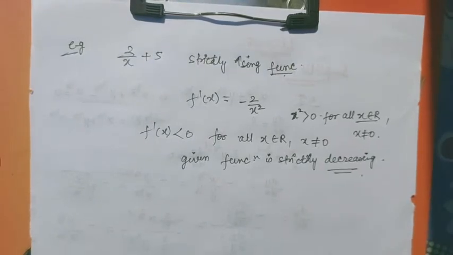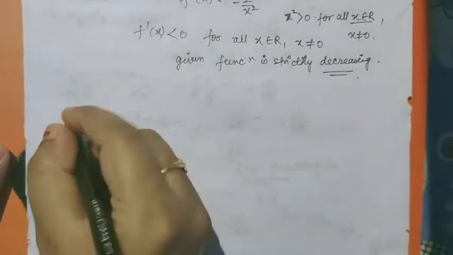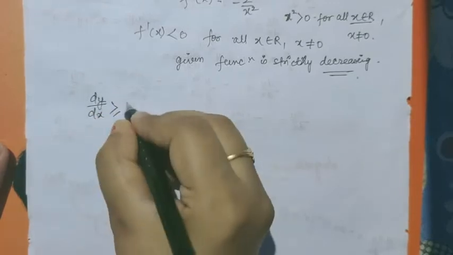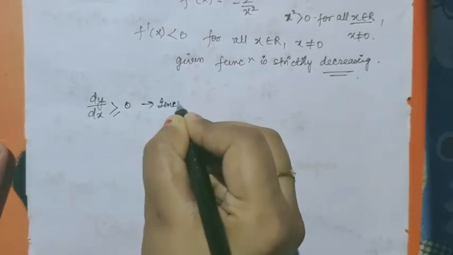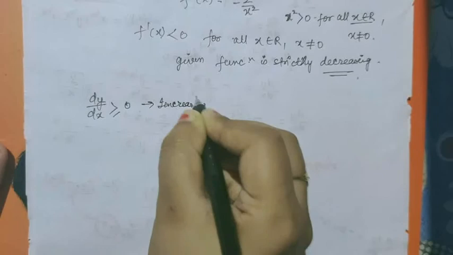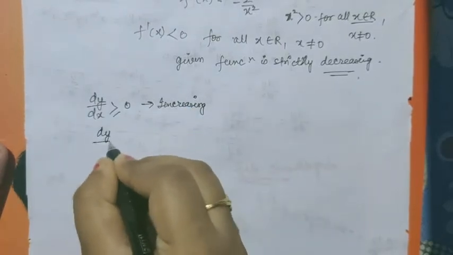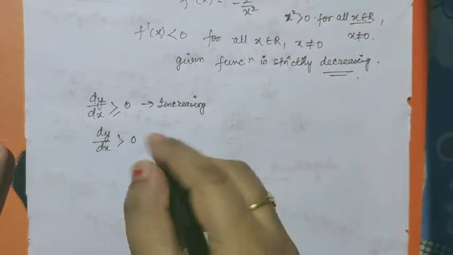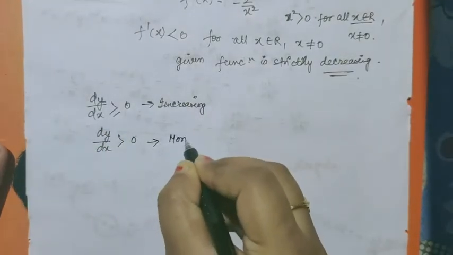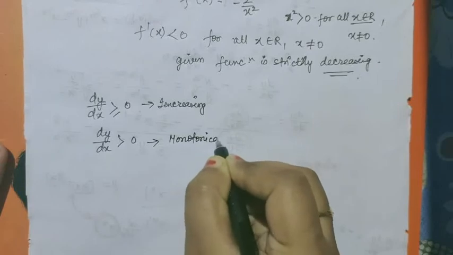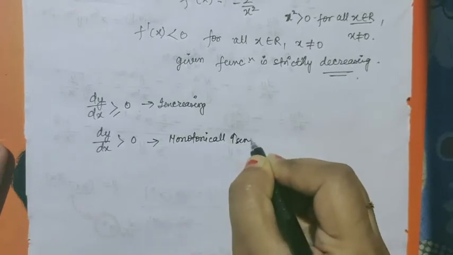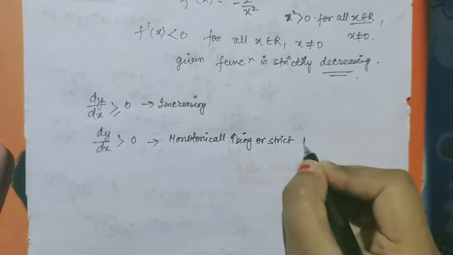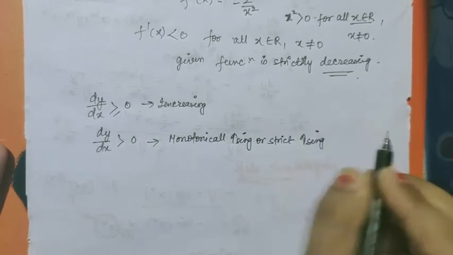Okay, now make a box and write down: dy by dx when greater than or equal to 0, then function is increasing. Dy by dx when greater than 0, then it will be monotonically increasing or strict increasing.